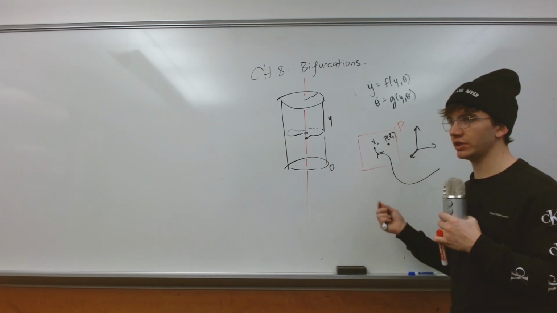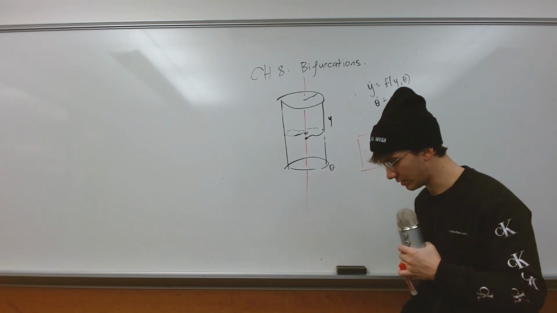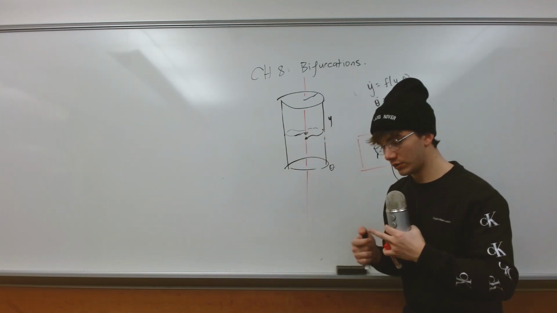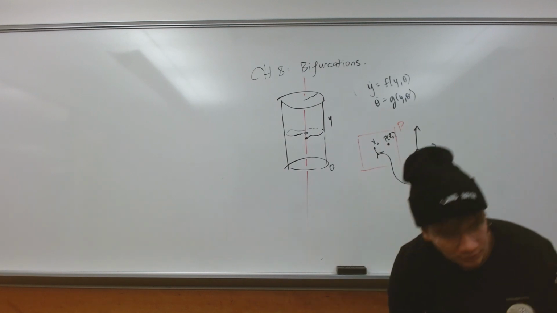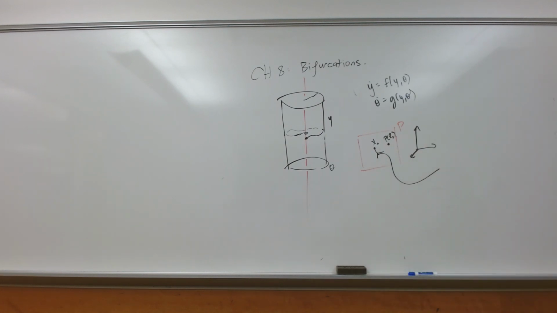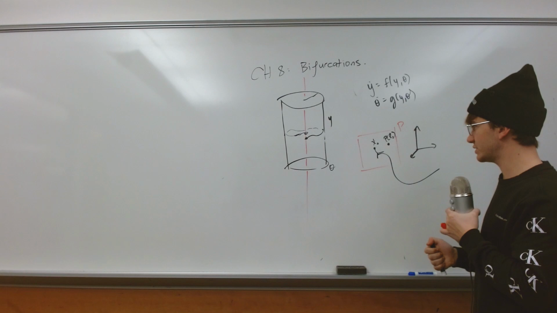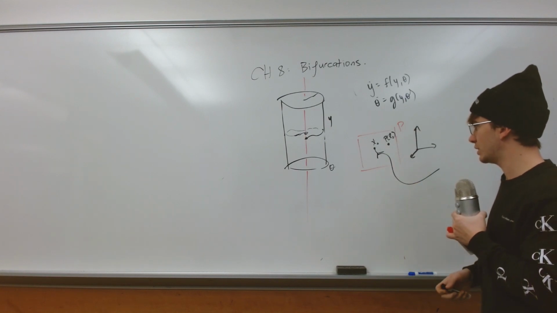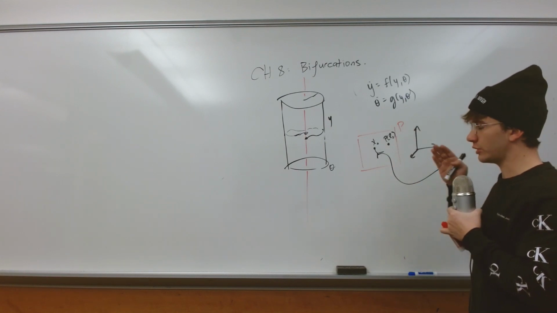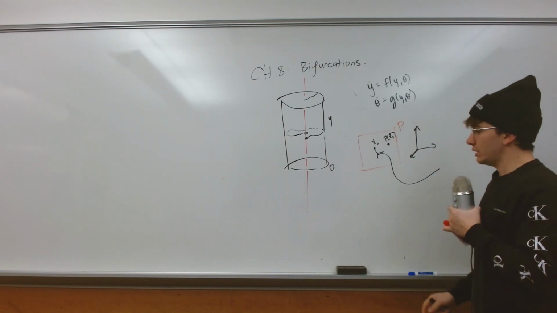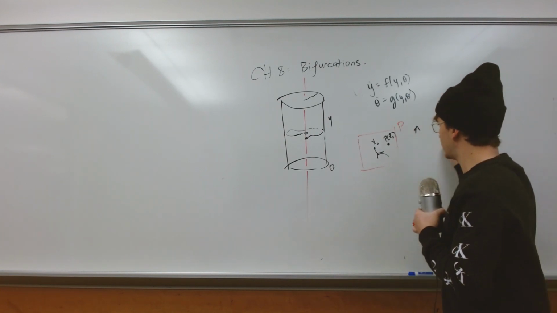So they can't flow across it, right? So the trajectories need to be flowing through the Poincare map, not across it. And yeah, that's pretty much it.